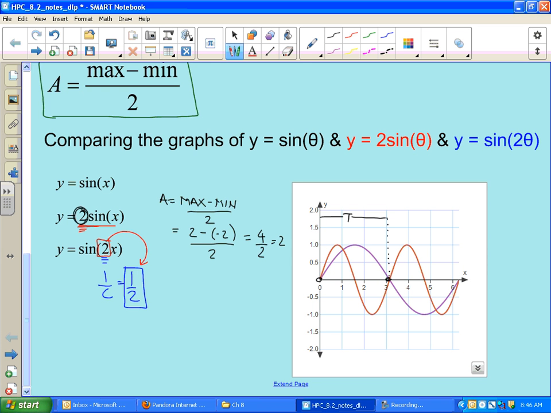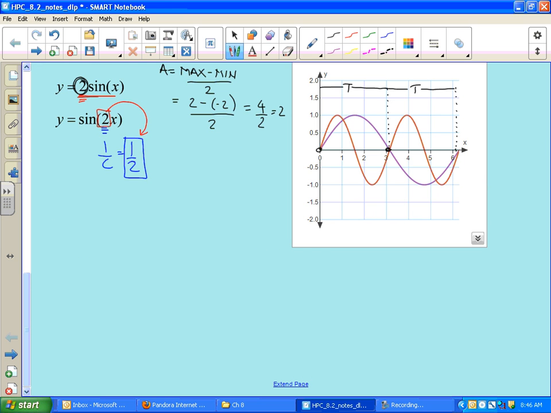There's one period. Well, it repeated that and went through another period out to 360 degrees. And we actually could have figured that out because we know of this equation, that our period is equal to 2 pi over b.